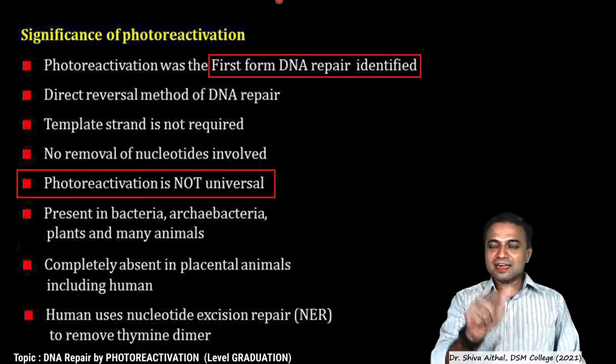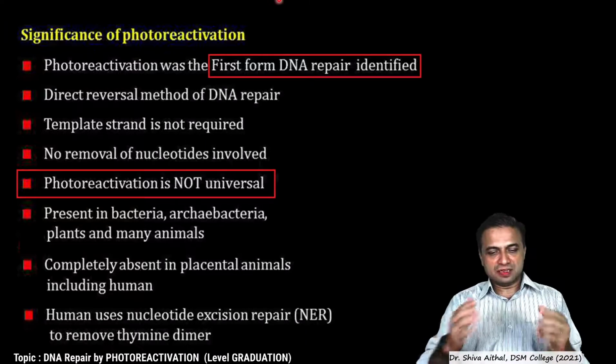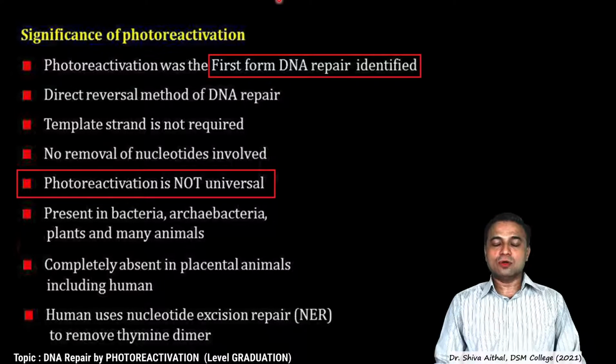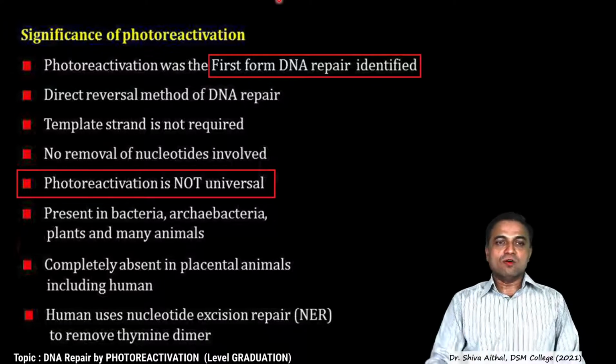So it is a direct reversal method of DNA repair. Then a template strand is not required. If it had been cut off and thrown away, there would be a gap, then a template and addition of nucleotides would have taken place, but this is not there. No template strand is required, no removal of nucleotides.